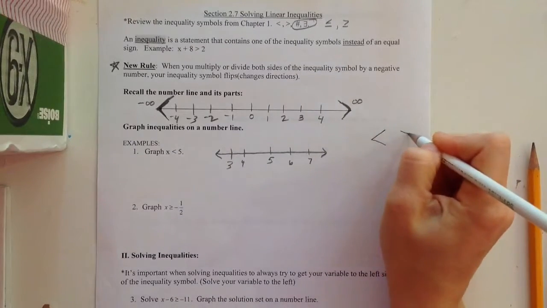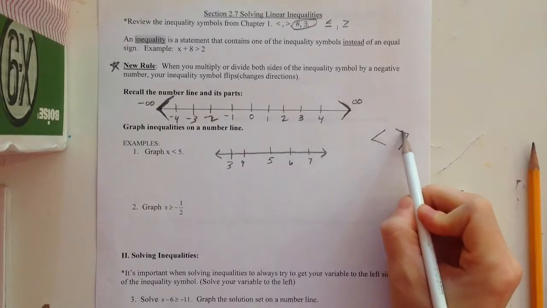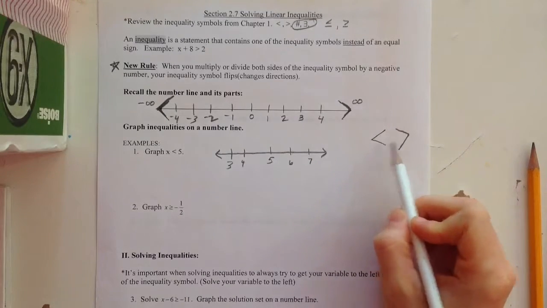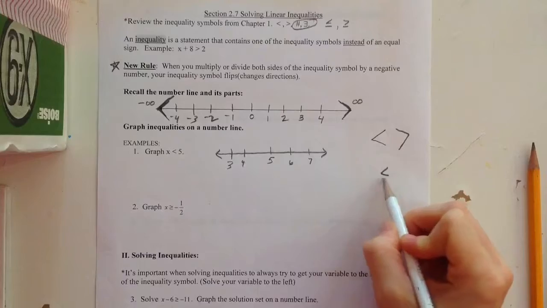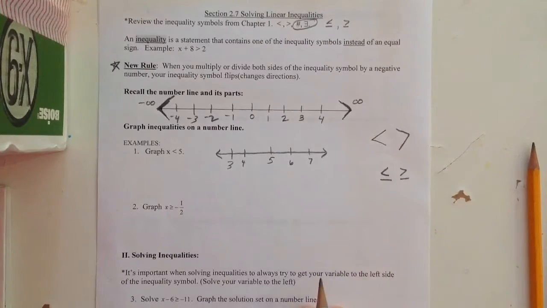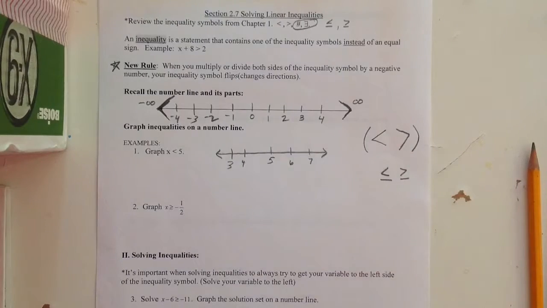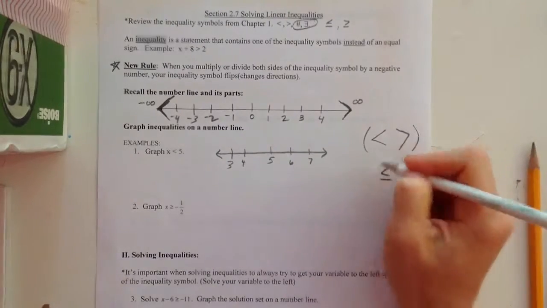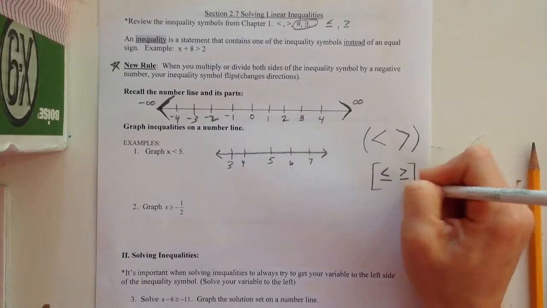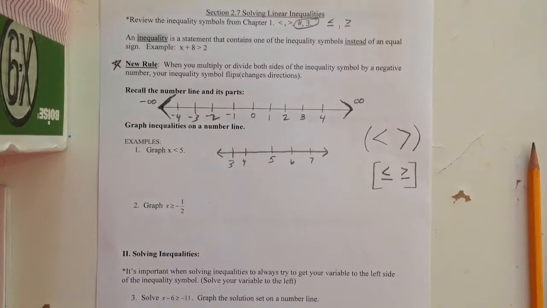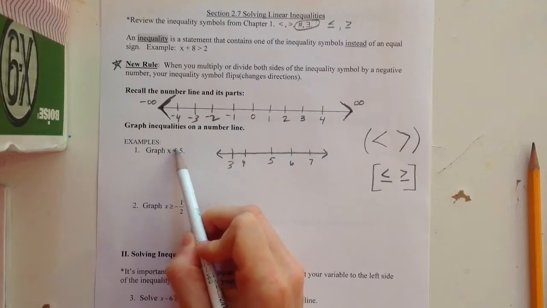First off, we look to see if your inequality symbol is less than or greater than, or less than or equal to and greater than or equal to. Well, what's the difference? When you're graphing, if it's less than or greater than, we're going to use parentheses for that number. If it's less than or equal to or greater than or equal to, we're going to use a bracket for the number. Well, this is a less than with no line underneath it.